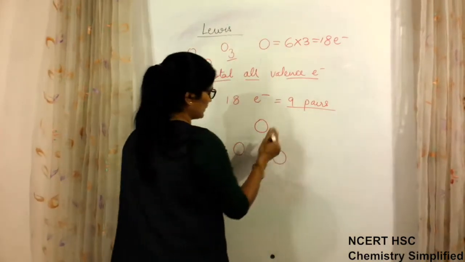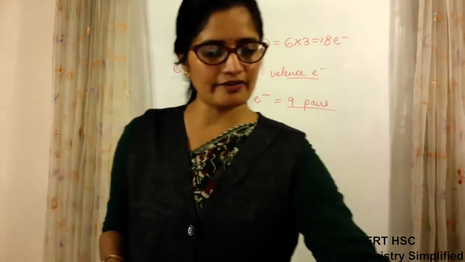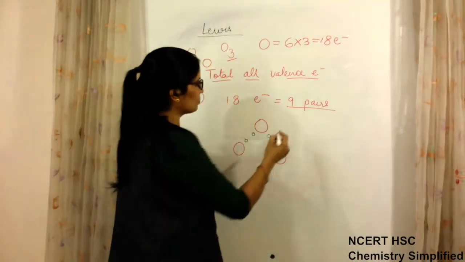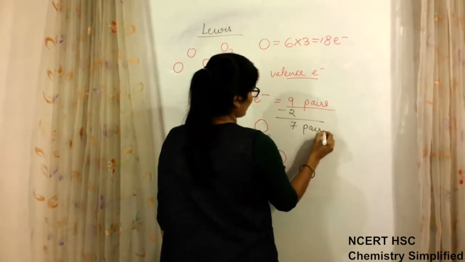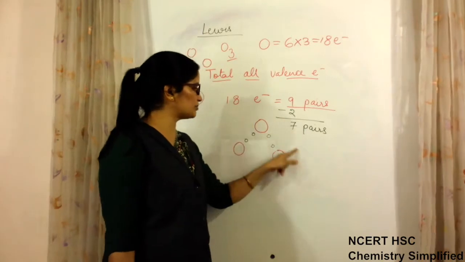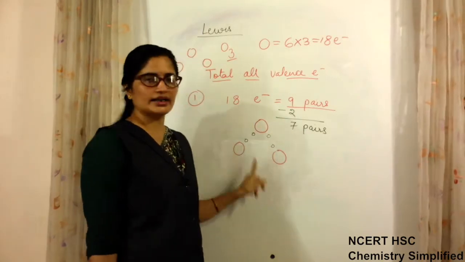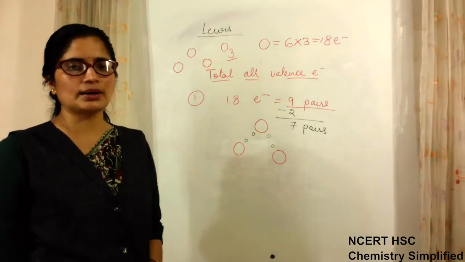Out of 9 pairs, 1 pair here and 1 pair here. That means 2 pairs I have distributed to make single bonds, minus 2. So now we are left with 7 pairs. Now these 7 pairs we have to distribute on these 3 oxygen atoms in such a manner that the octet of each oxygen is completed.